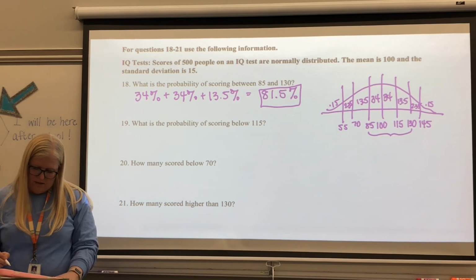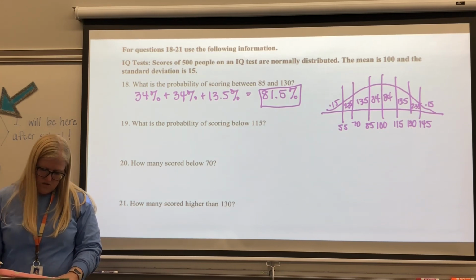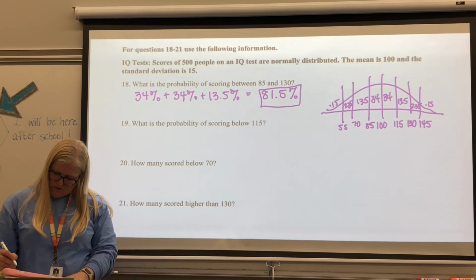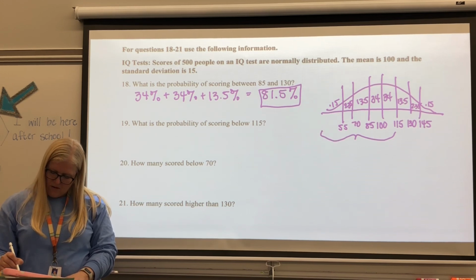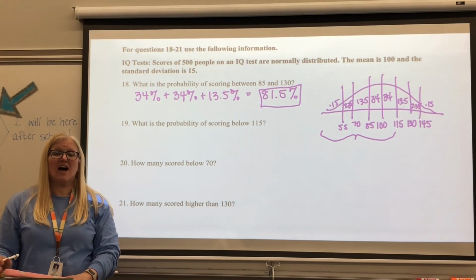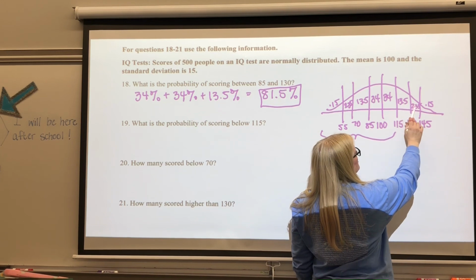Okay, so the next one, what is the probability of scoring below 115? So now, I'm either going to add up 34, 34, and all of these, or I could take 100% and just subtract these 3.